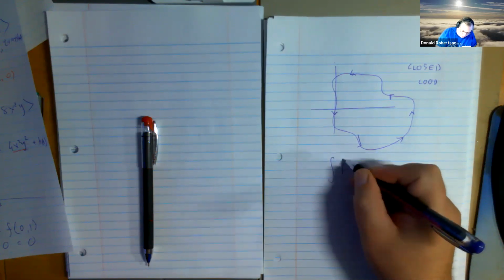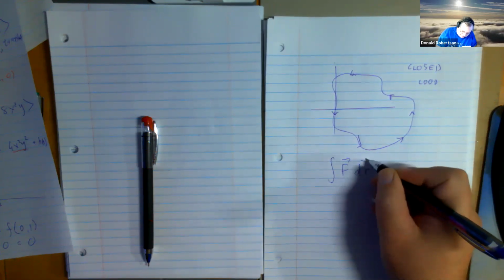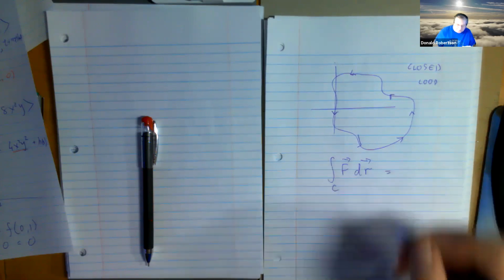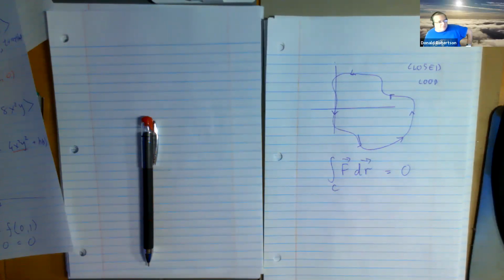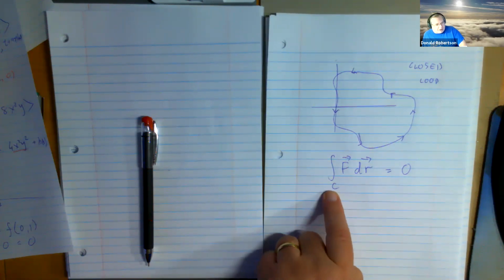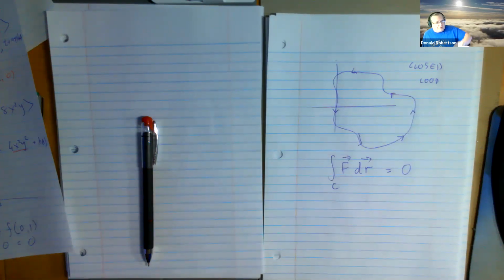What do you know about the answer to that? It's going to be 0 every single time. So if it's a conservative field and you do a line integral over a closed loop, you start at a dot, you zigzag everywhere you like, and you end up at the same dot. You are looking at a 0 line integral.